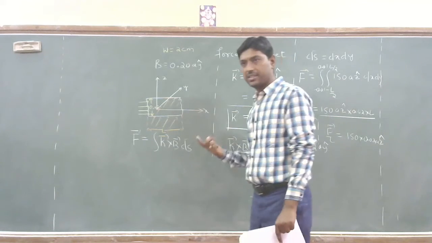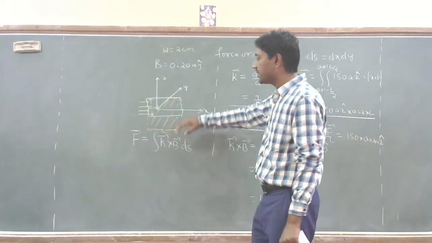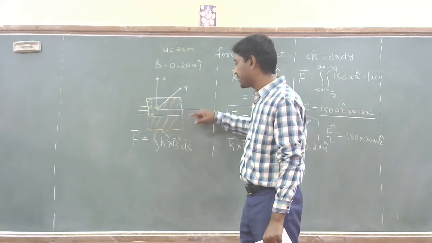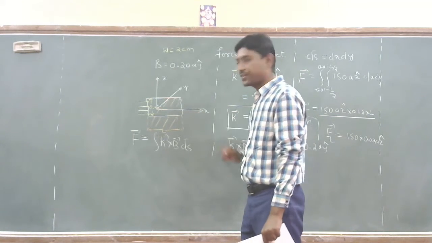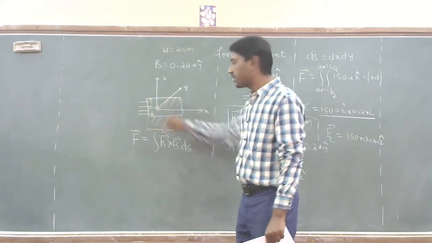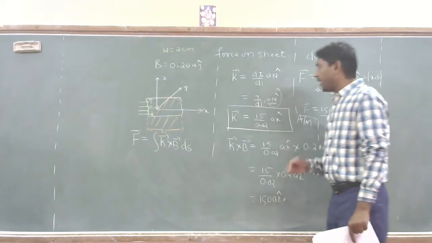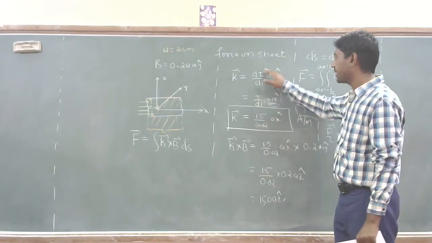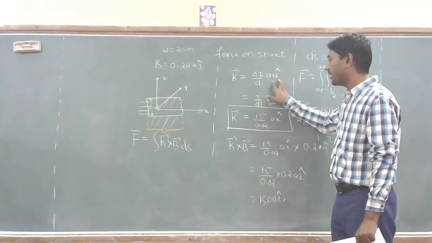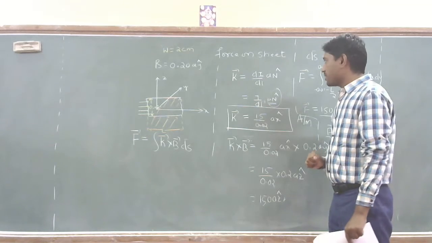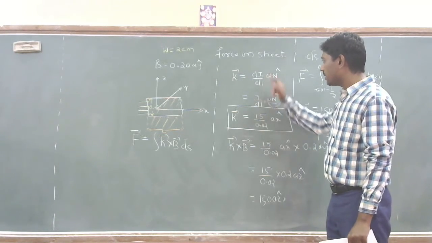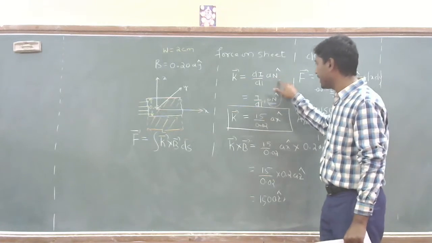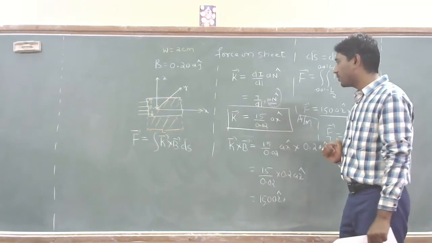They have not given the K, but they have given the information that 15 ampere current is flowing in the x direction, and the width of the strip was given as 0.02. And we know the definition of surface current density, which is di by dl A hat, where A hat is the same as the direction of the flowing current.